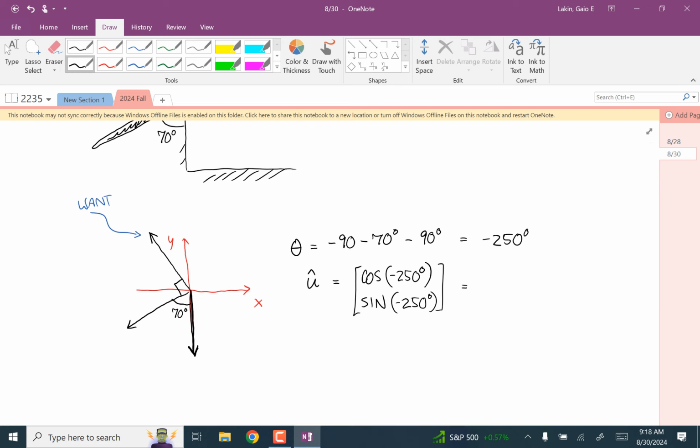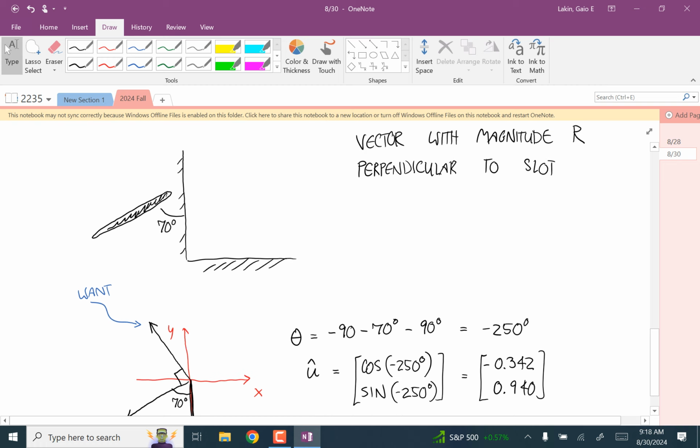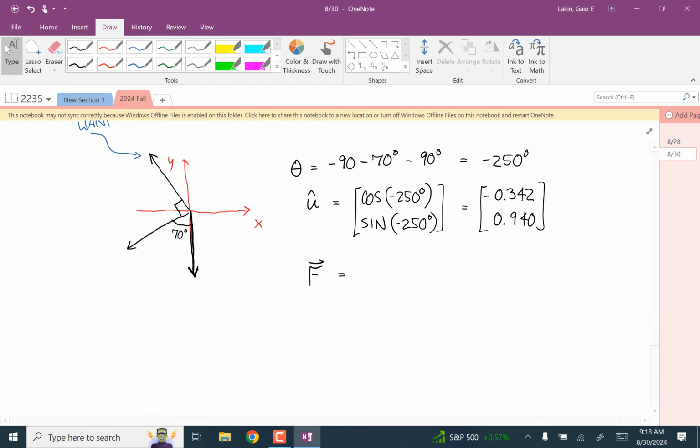Okay, so you got negative 0.342, 0.940. And so the force vector then is just this unit vector times the variable r. So negative 0.342 r, positive 0.940 r.